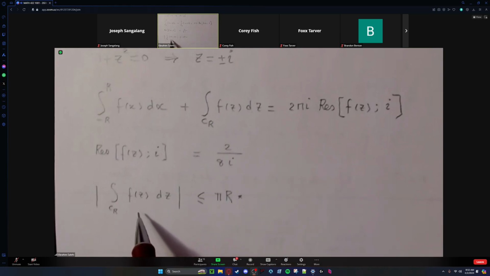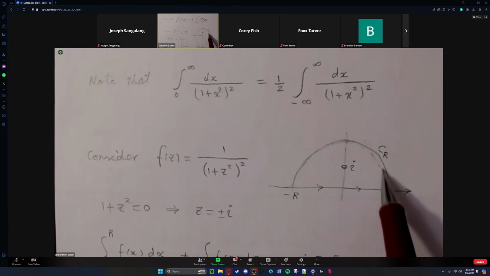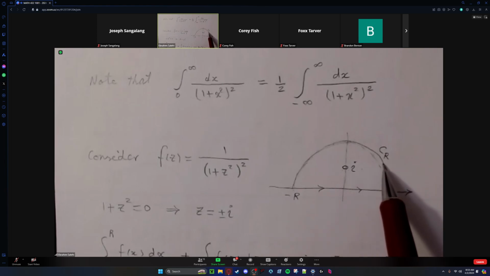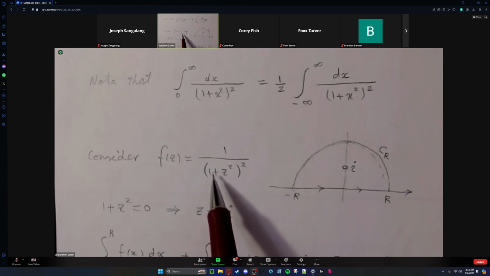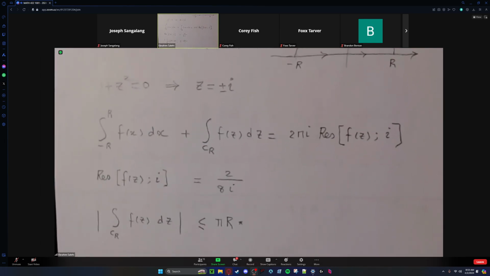Then the upper bound for f of z. When z is on CR, the modulus of z is r, the radius. So this will be less than or equal to 1 over (r squared minus 1) squared.